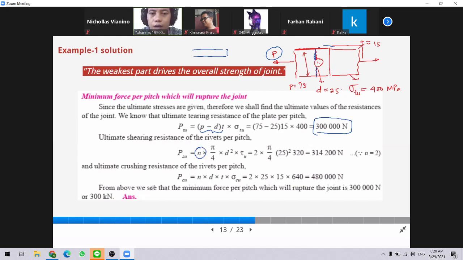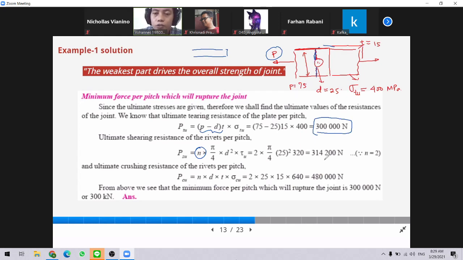Okay, I have to check the problem again, but the shearing resistance of the rivet per pitch is N times the area of the shearing times the shearing strength of the rivet.